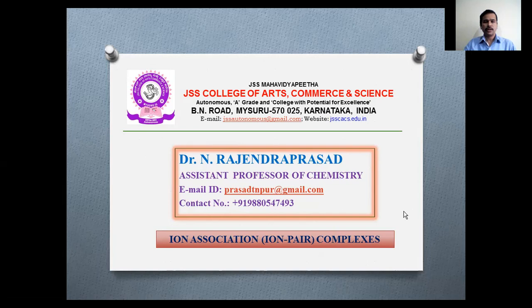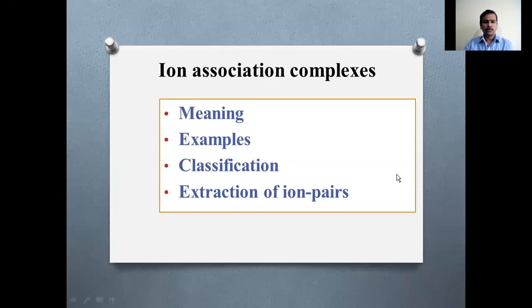So two differently charged species will combine together to form an electrically neutral species, and this electrically neutral species will have better extractability into the organic solvent. So this we will discuss in this particular module. Here we should know about ion association complexes.